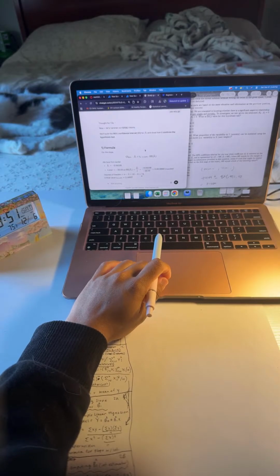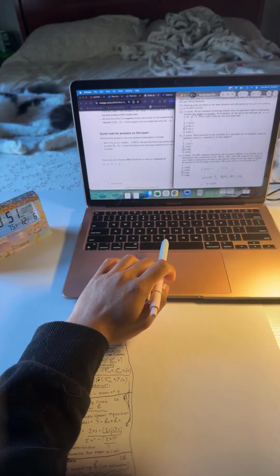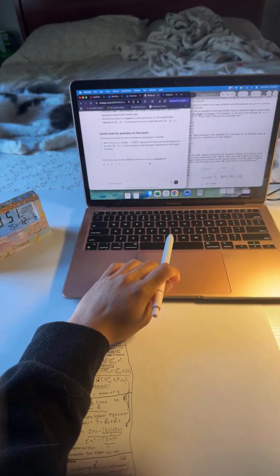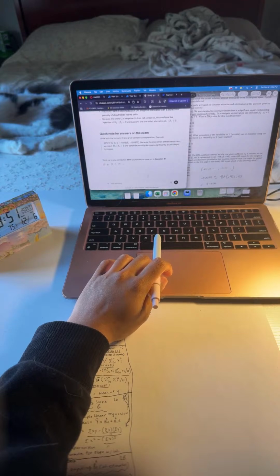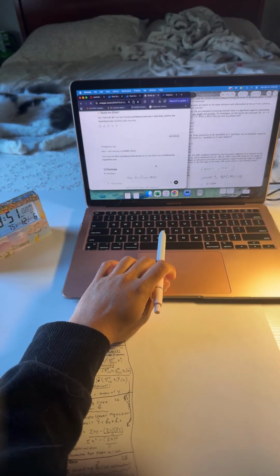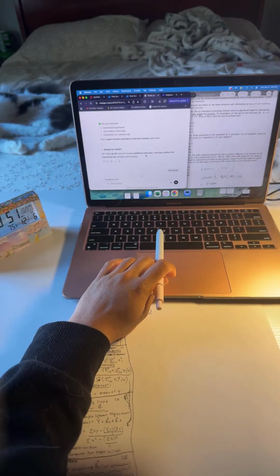This is not question 3B, bro. This is 3C. Even then, what's the answer? Let's do 3B.